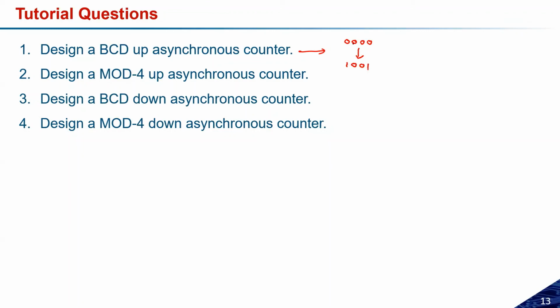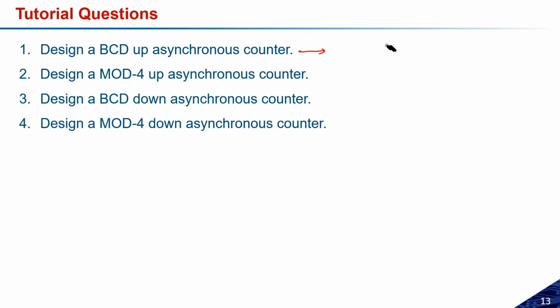So the total number of flip-flops required will be 4. After 1 0 0 1, it should reset to 0. The invalid state is 1 0 1 0, so once it reaches 1 0 1 0, it should clear the flip-flops. This is how the BCD counter will look.